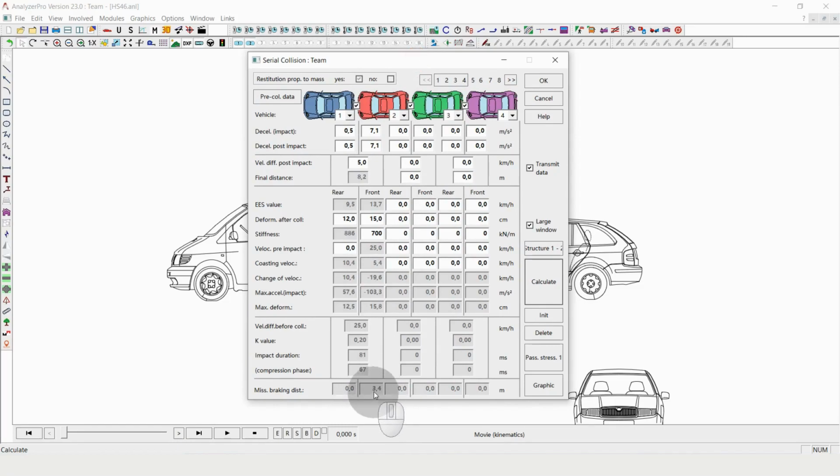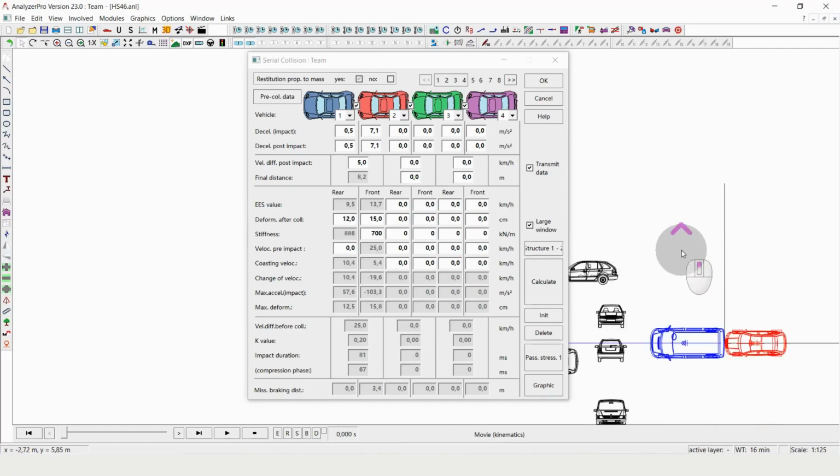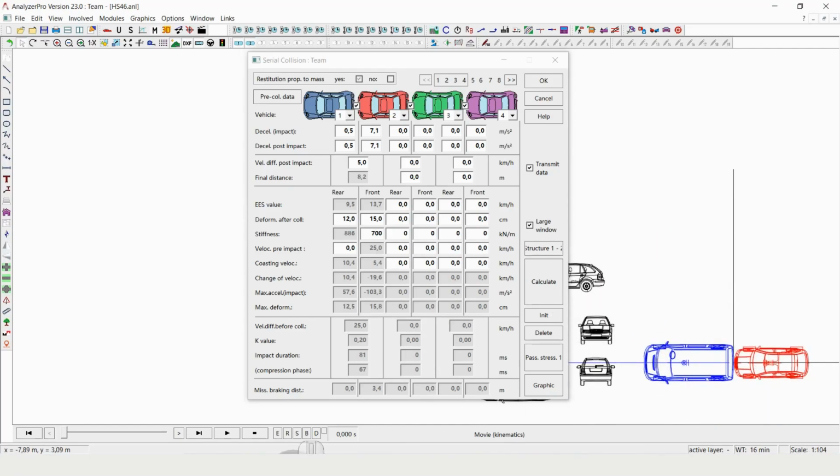So if the Skoda would have continued just braking, it would have needed 3.4 meters to further brake. Also, we have it here in our depiction with our cars going in.